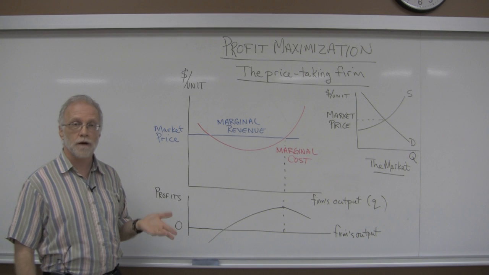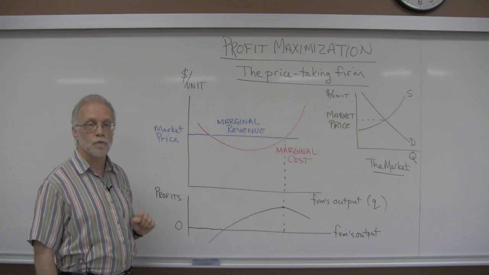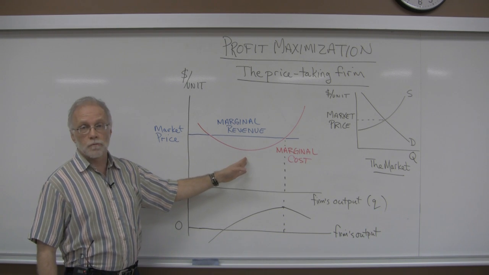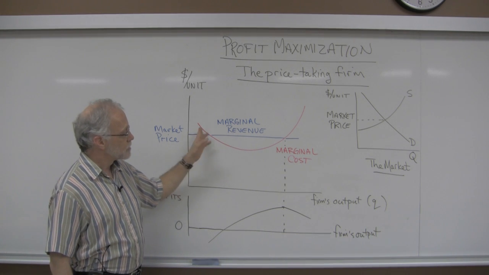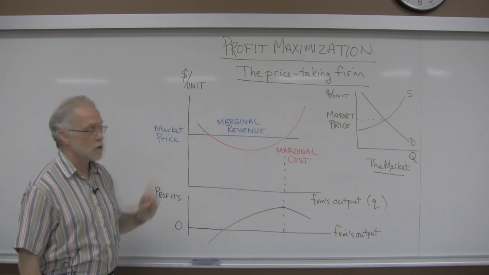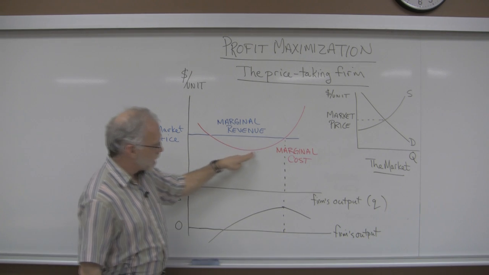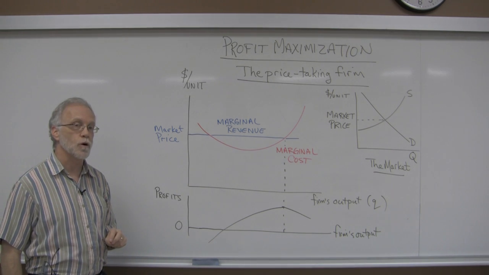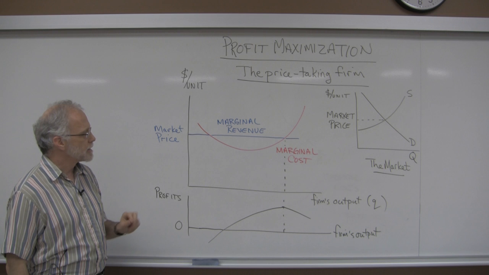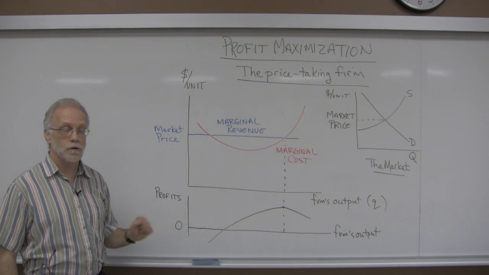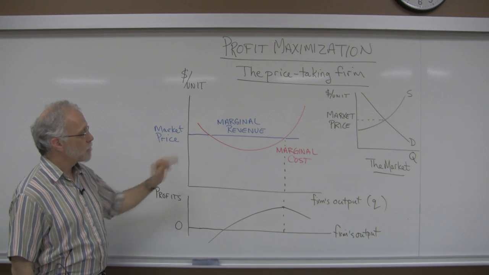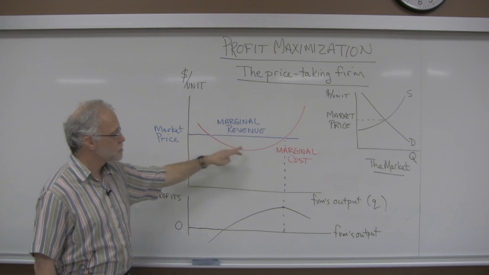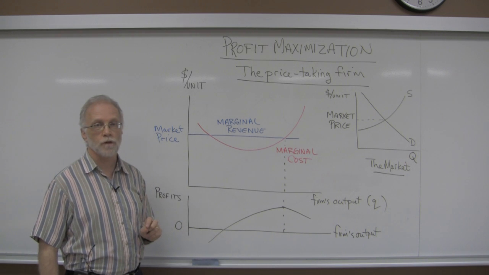And now we're going to combine that with the information that we've got about marginal costs. So picking up from the previous example, if we have a kind of U-shaped marginal cost curve here, this upward sloping part of that U, again reflecting the law of diminishing marginal productivity, then we can carry out the following logic. We can say, how can the firm use this kind of information about revenues and costs to maximize profits?